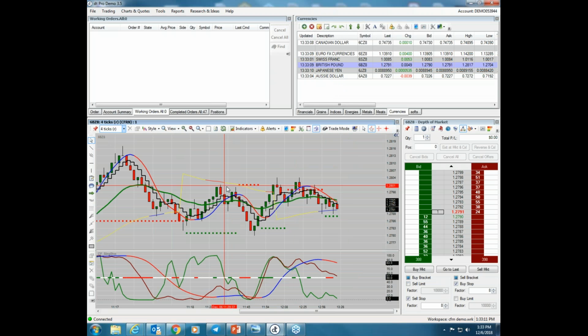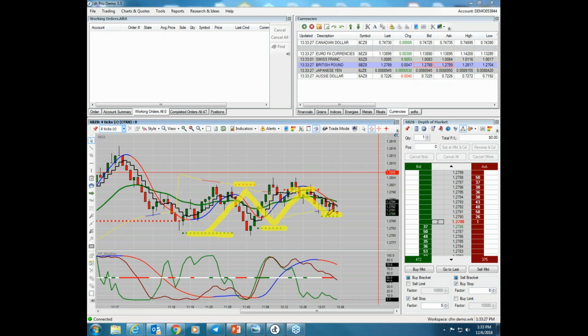The British pound, like the euro, sideways. Why? Dynamic resistance, dynamic support. Okay, if you're not sure, easy and obvious is when they're side by side like this. Okay.